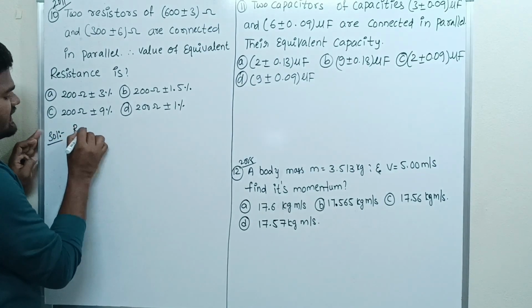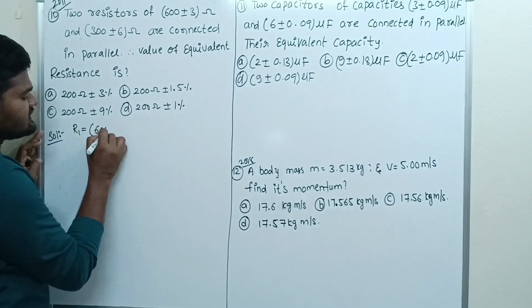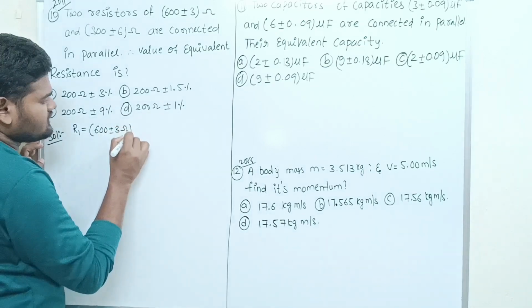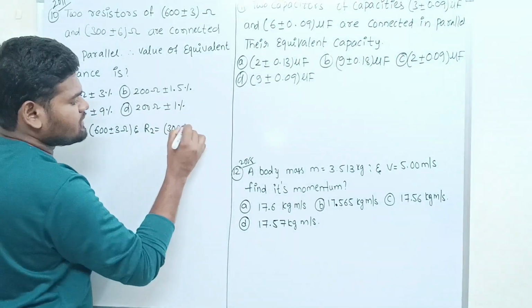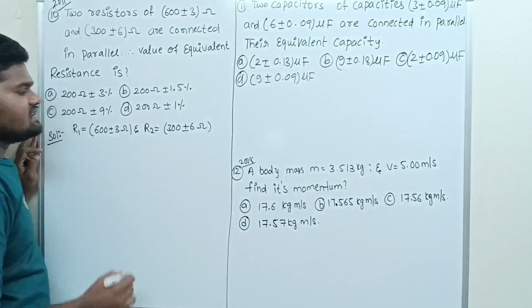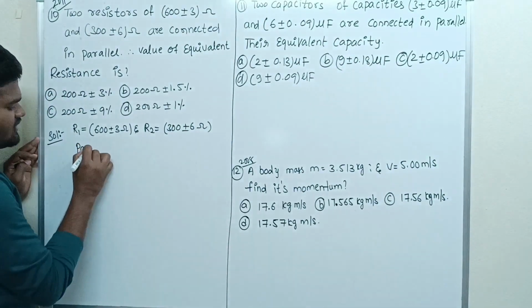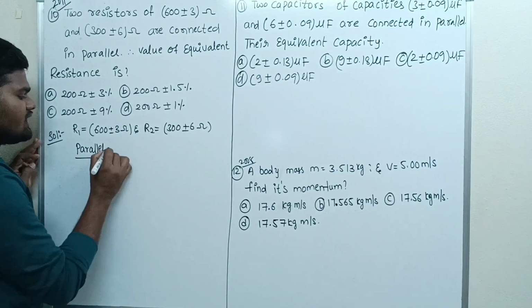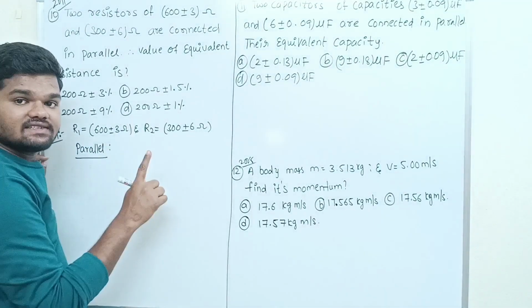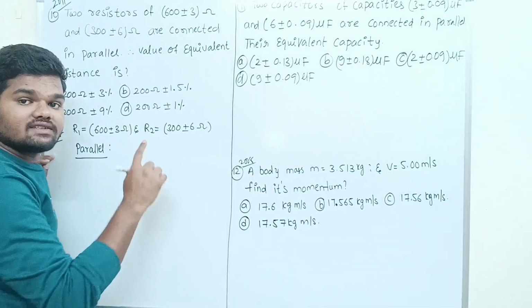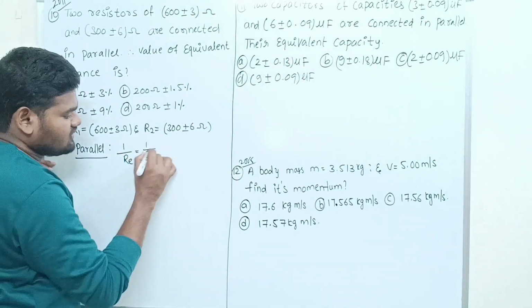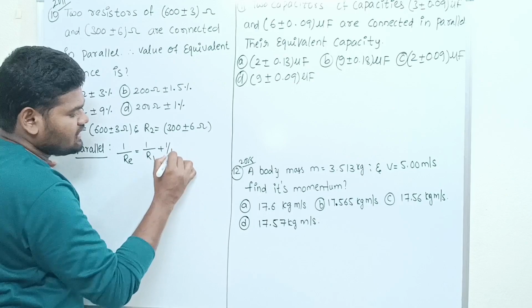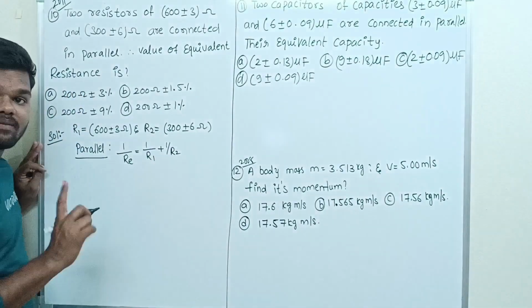First resistance they are given, R1 is equal to how much? 600 plus or minus 3 ohms, and R2 is equal to how much? 300 plus or minus 6 ohms given, and he has connected them in parallel. The formula for parallel combination of resistors is 1 by R equivalent is equal to 1 by R1 plus 1 by R2.